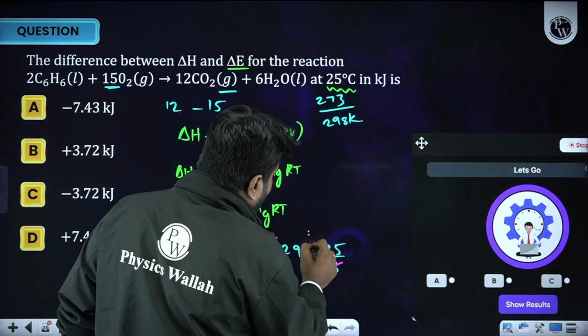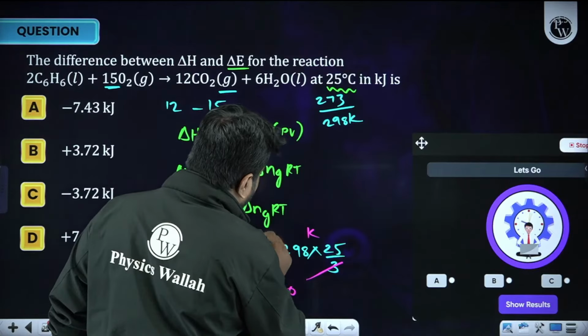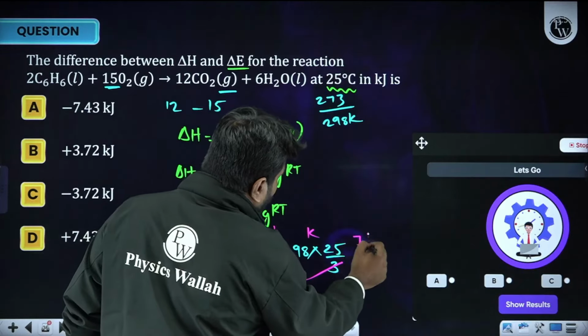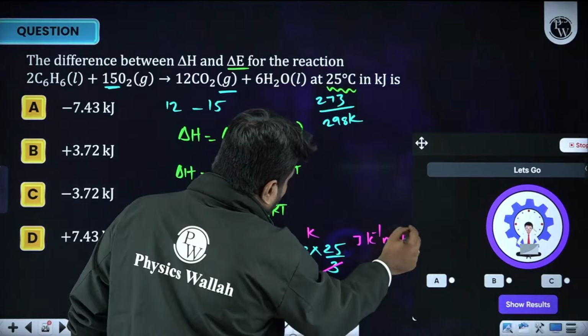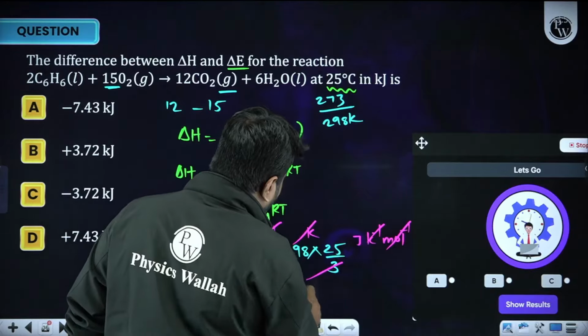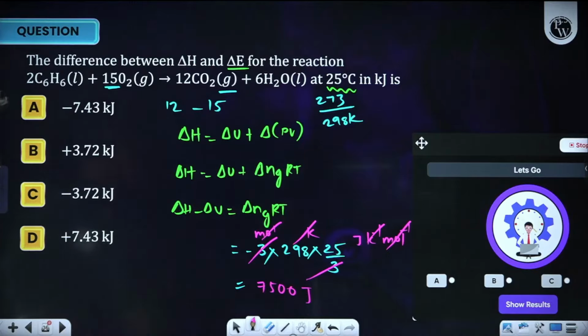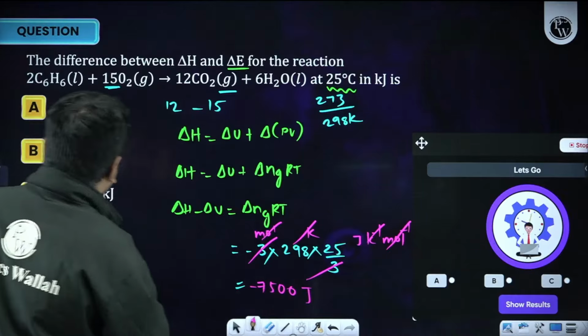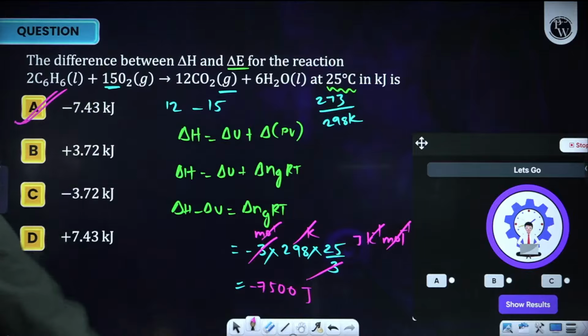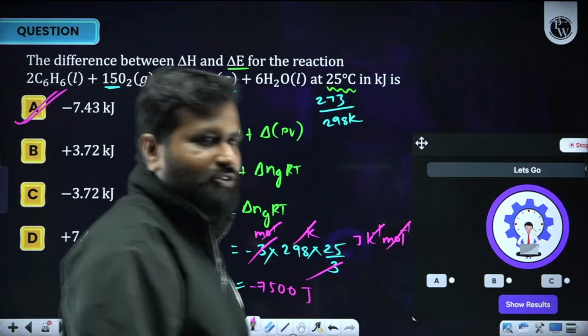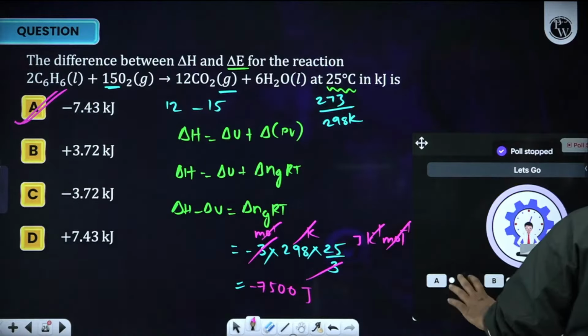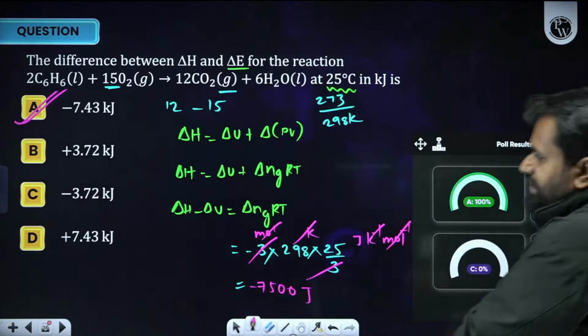This is Kelvin, this is mole, so 8.314 joule per Kelvin per mole. So the final answer we are getting is in joules. So in kilojoules it is approximately minus 7.5. Option A will be the correct answer. That's all, we can directly do it. Option A will be the correct answer.